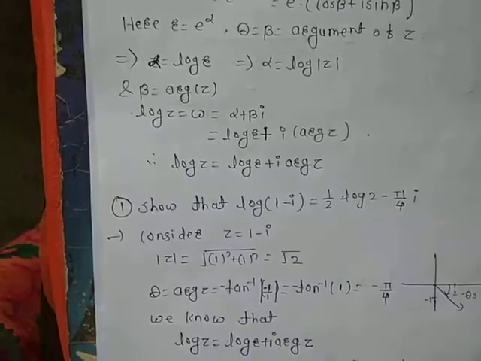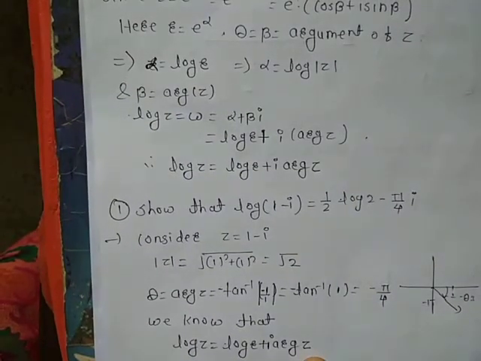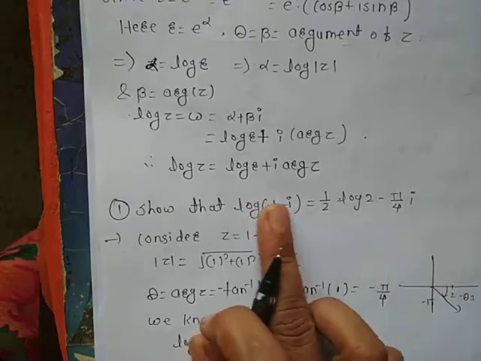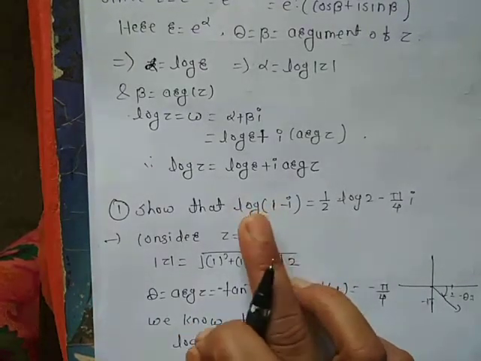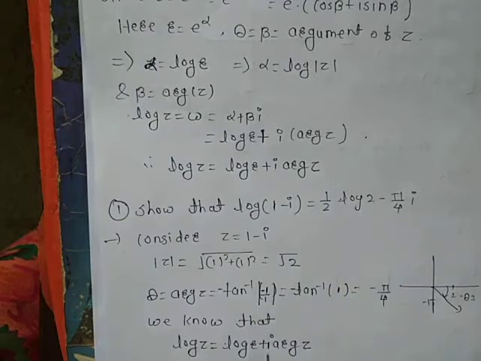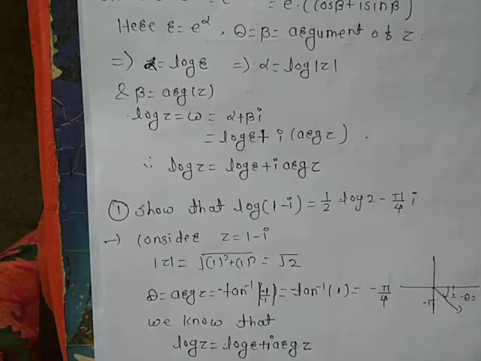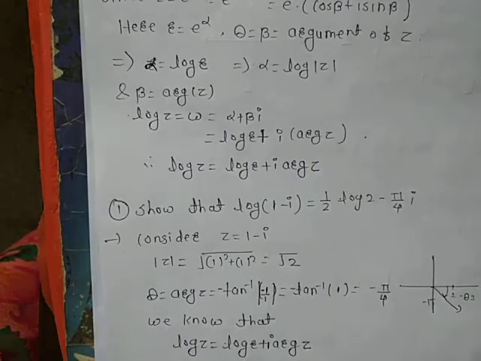We will represent this number log of 1 minus i in the form of log r plus i into the argument of z. Before that, we will express z in polar form.